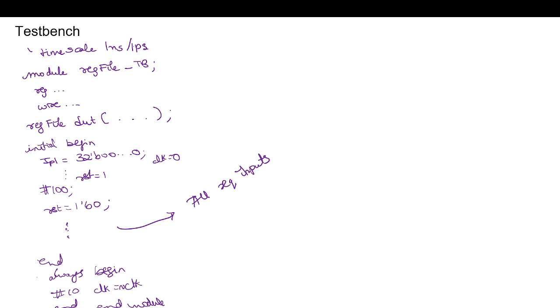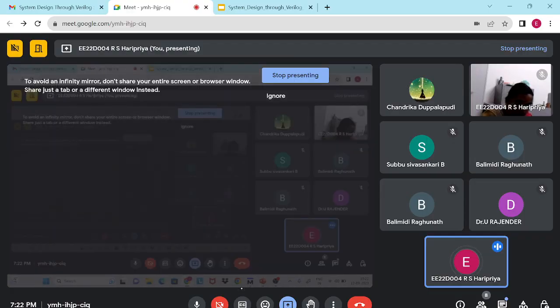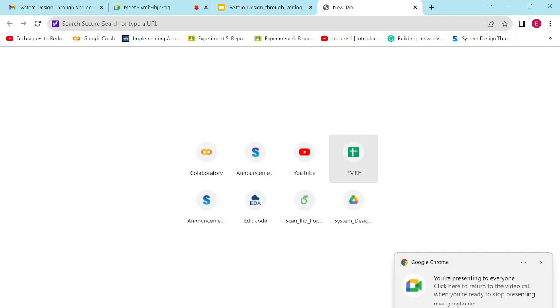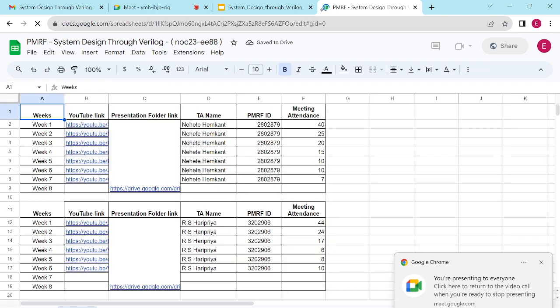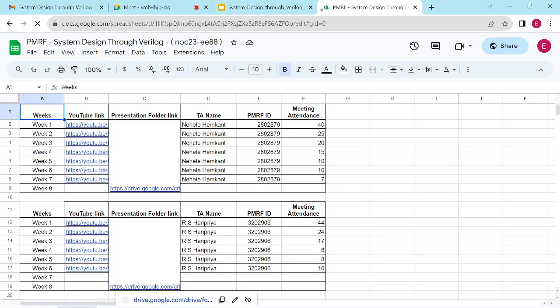Some log sheet will be shared with you in the beginning, I think. In this sheet we are uploading the link and the slides link. Could you please copy paste that link in the chat?